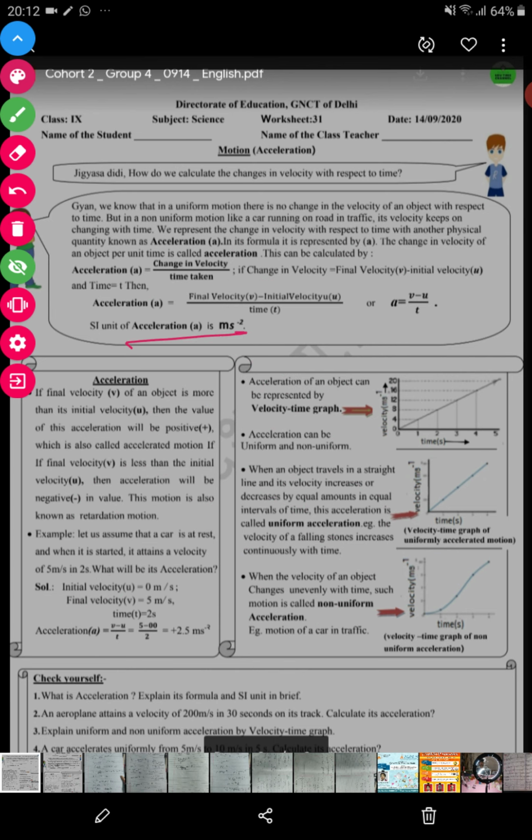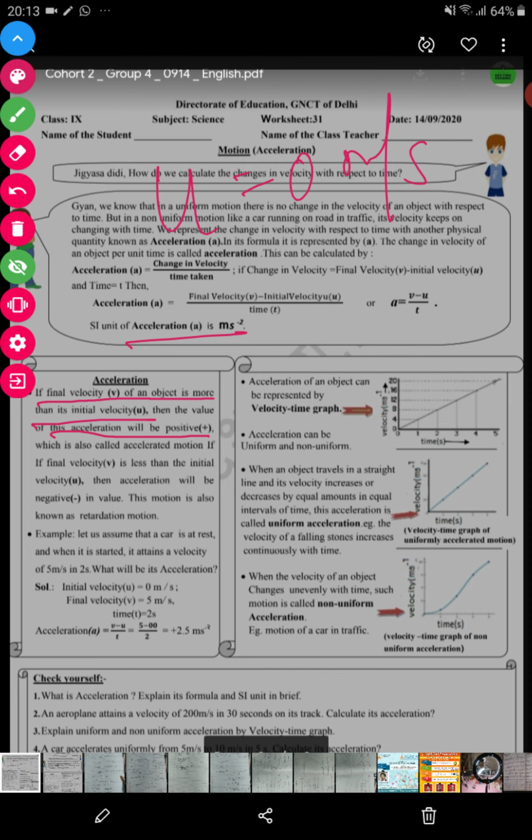Now acceleration, if the final velocity of an object is more than its initial velocity, then the value of acceleration will be positive. Say you started moving towards a school with your bicycle, and initially your bicycle is not moving, it is at rest, so initial velocity 0.